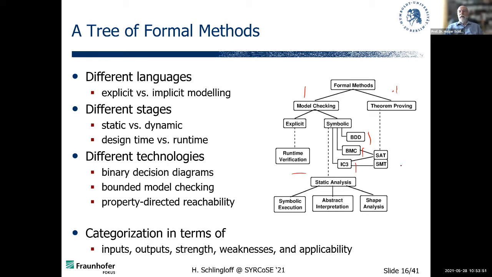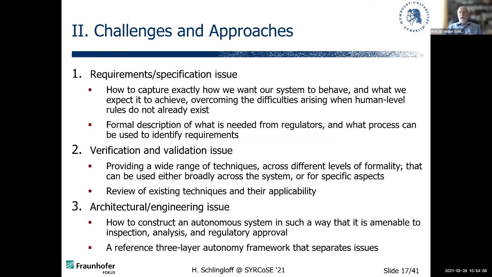So if you want a crash survey of formal methods for autonomous systems, please go and look in this article. It gives you a short introduction. But it's not only stock taking, the article is also elaborating challenges and proposing new approaches.